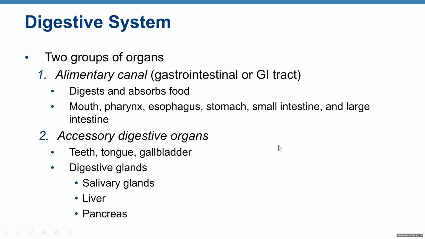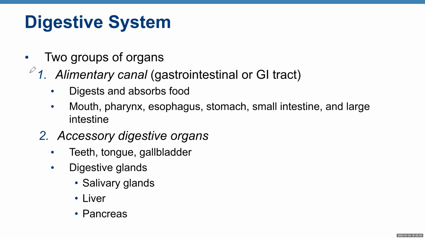The digestive system is made of two groups of organs, and the first is the alimentary canal, or what is called the gastrointestinal or GI tract. And that's pretty much a tube from your oral cavity, from your mouth to the anus.